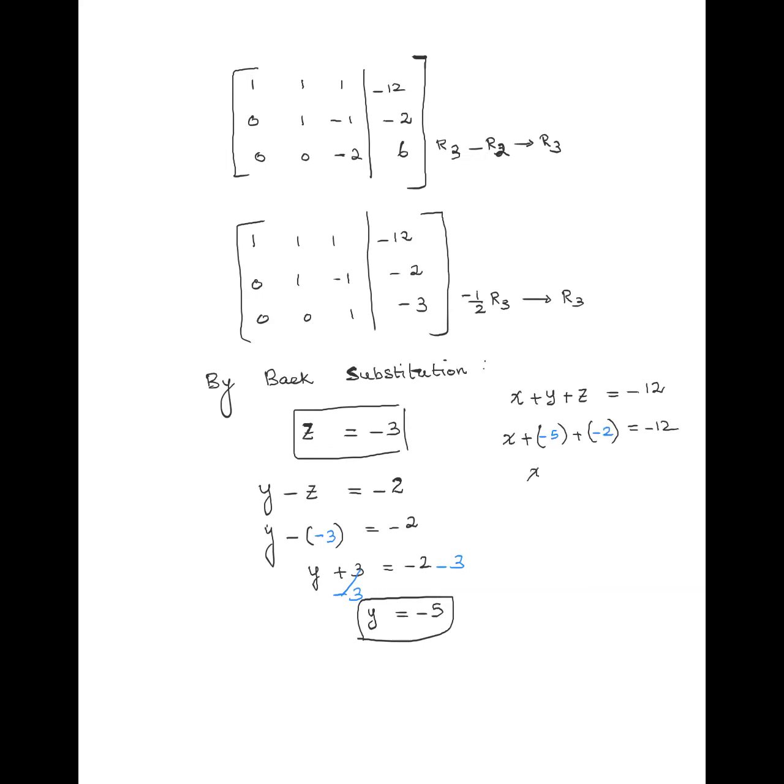So we get x minus 5 minus 2 is negative 12, or x minus 7 equals negative 12. Then add 7 both sides.